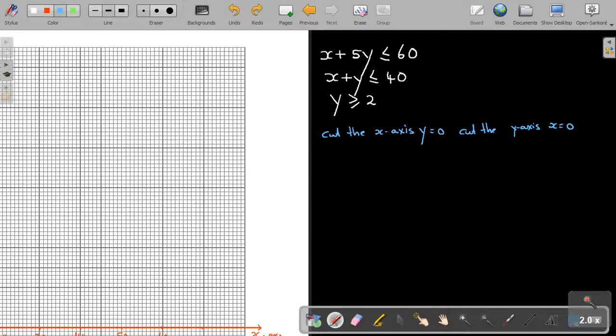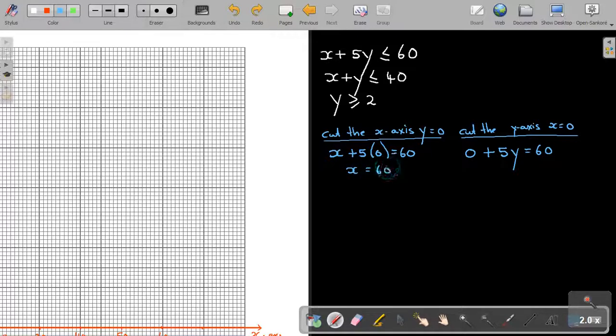Okay, so then make it an equal sign, so x plus 5 times 0 equals 60, and this will be 0 plus 5y equals 60. So x equals 60, 5y equals 60, divide by 5, and the value of y is going to be 12.